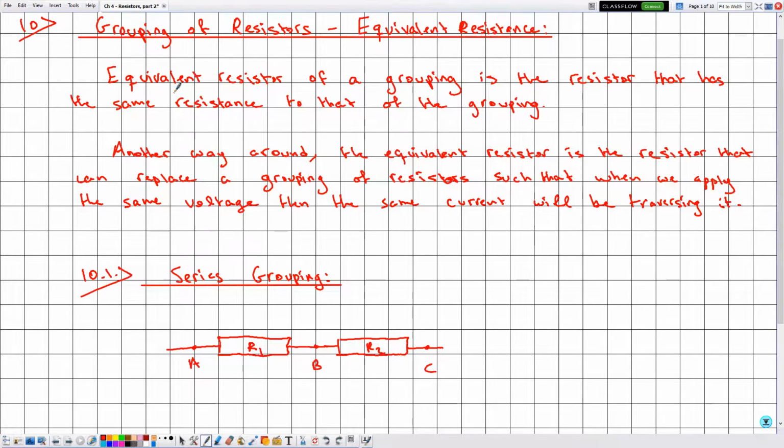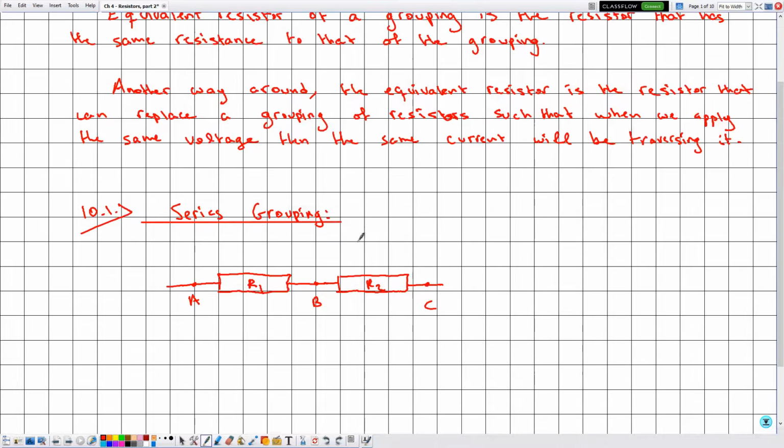Now here we are saying that the equivalent resistor of a grouping is the resistor that has the same resistance as that of the grouping. So we need to replace these two resistors by a single resistor. So this is equivalent to a single resistor given by R equivalent, having two terminals.